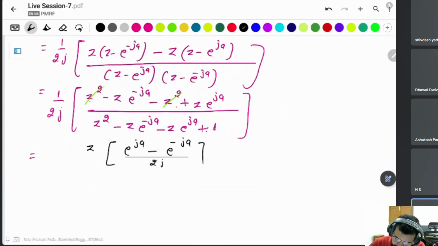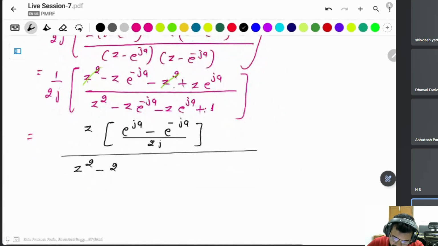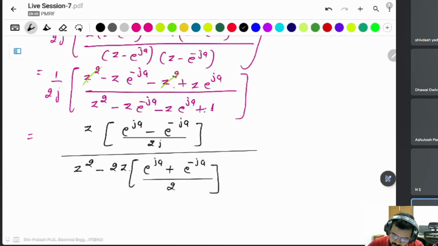In the denominator, this will be z square minus 2z common, multiplying and dividing by 2, (e to the power of ja plus e to the power of minus ja) divided by 2, plus 1.